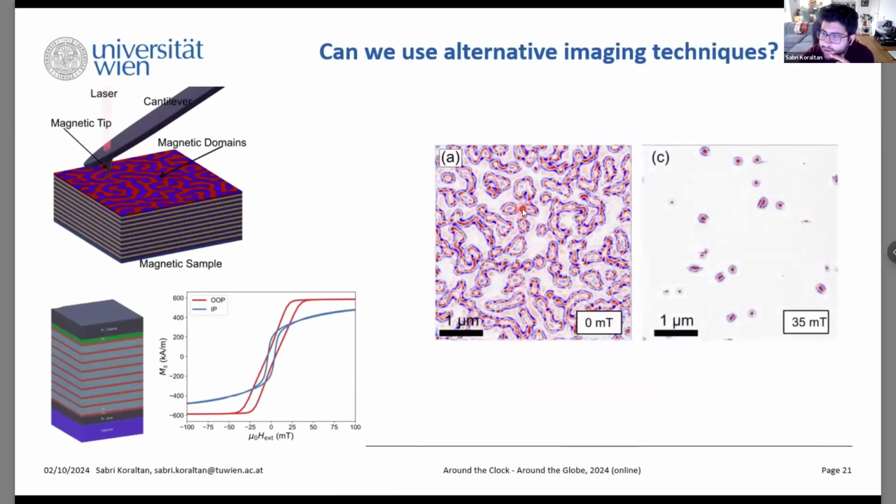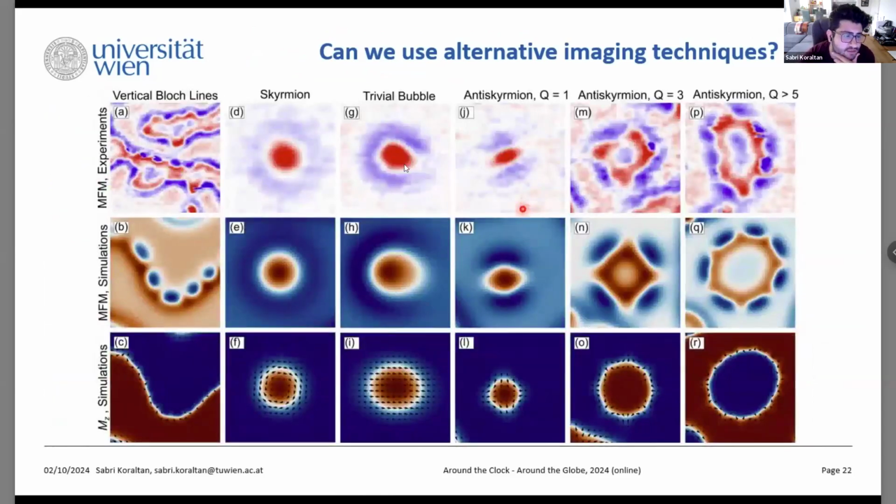And when we apply a magnetic field, we see isolated objects. And a brief comparison allows us to see that we can actually use magnetic force microscopy to image vertical block lines, Skyrmions, and for the first time also anti-Skyrmions, based on the stray field that the anti-Skyrmions and higher order anti-Skyrmions generate.